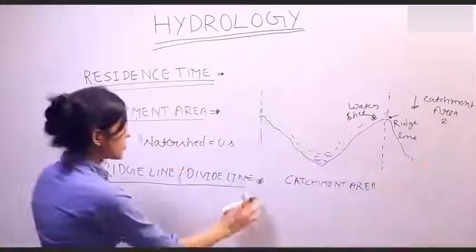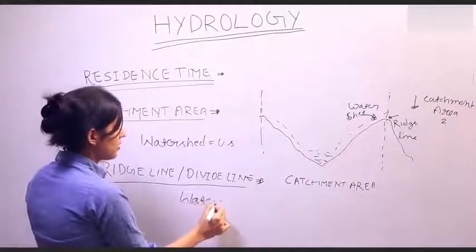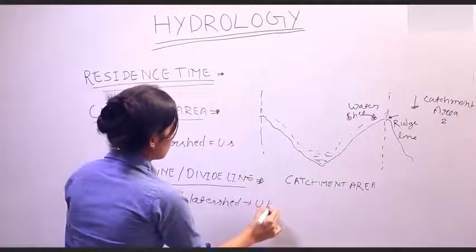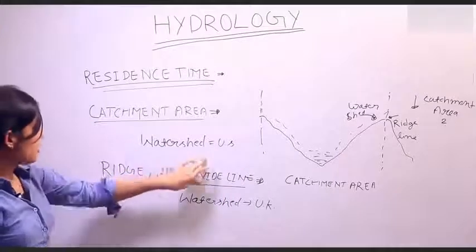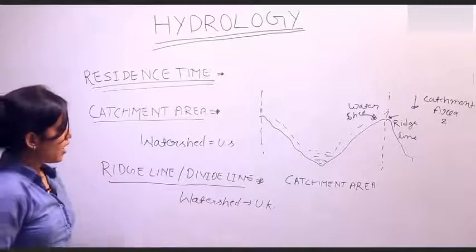Let's avoid the confusion: catchment area is called watershed in US, but ridge line or divide line is called watershed in UK.